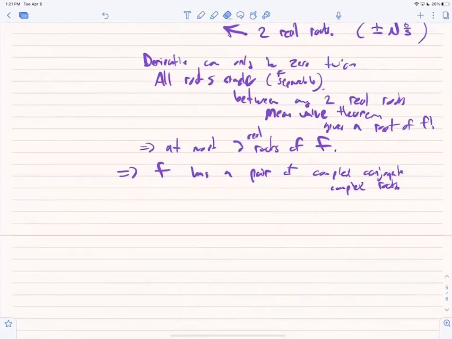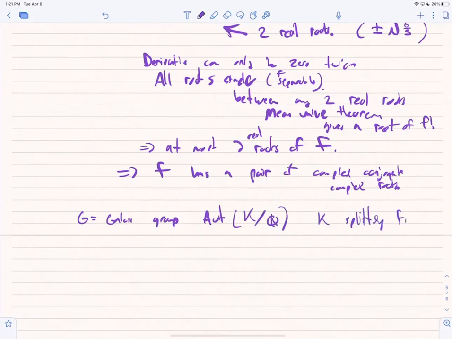So if I write G for the Galois group, which I can think of as the automorphisms of K over Q, where K is the splitting field of f in the complex numbers, so it's just the subfield of complex numbers generated by the roots.